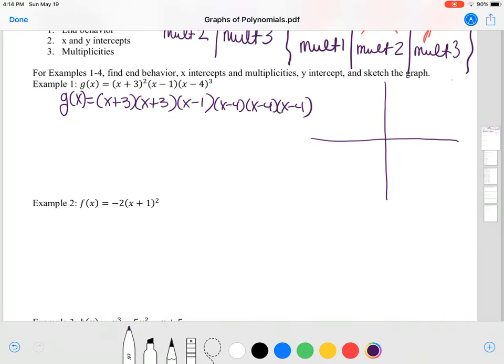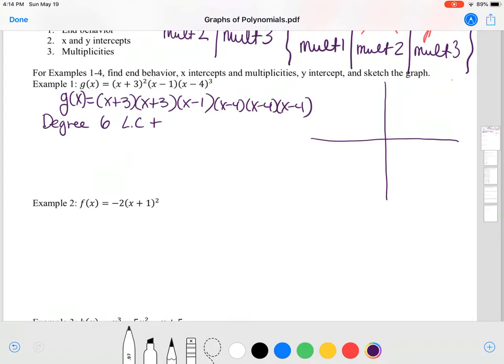There's 6 x's there. So 6 is my degree. And my leading coefficient would be positive. If I multiply that all out, I can see that there's no negatives in front of any of those x's. So I'm going to have a positive leading coefficient.